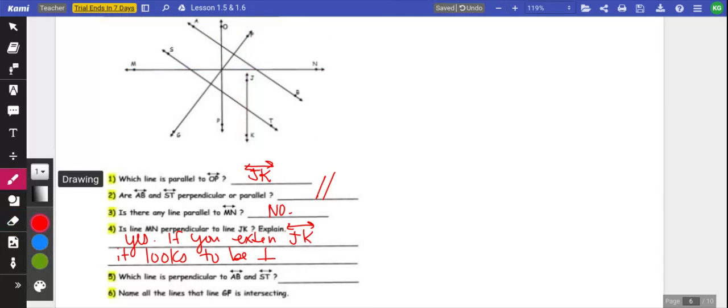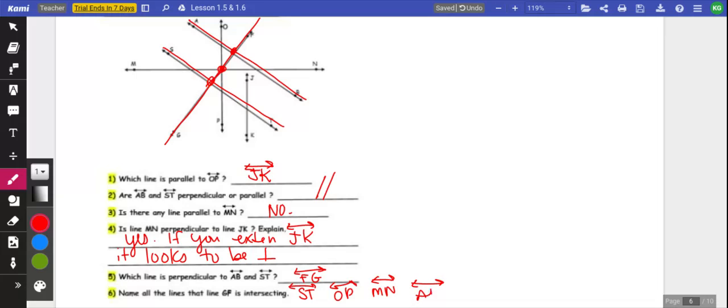So here's AB and ST, and the one that looks perpendicular to those looks like FG. Name all the lines that FG is intersecting. FG is intersecting, starting here, ST. Then it goes right here to these two, so OP and MN. And then it intersects here at AB, and I believe that is all of them.